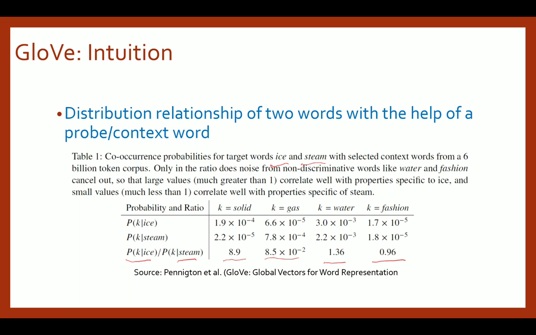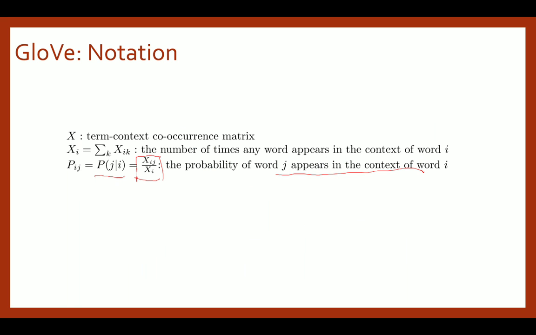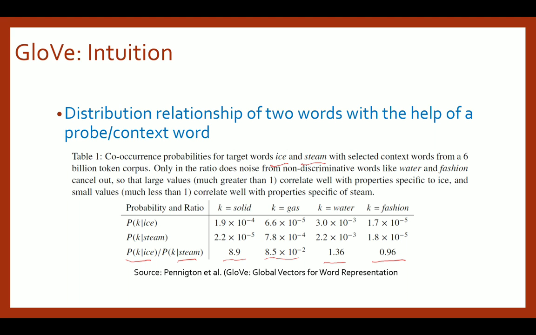So by looking at this ratio, their hypothesis is that if you want to understand the distributional relationship of two words, then instead of looking at the direct probability like P_ij, the conditional probability, we should look into the ratio of these probabilities with the help of a third word, the context word.